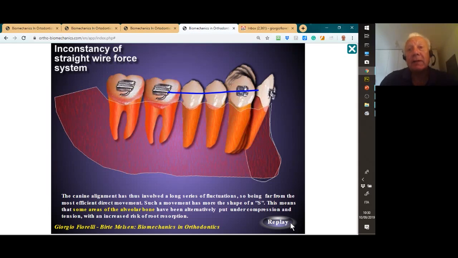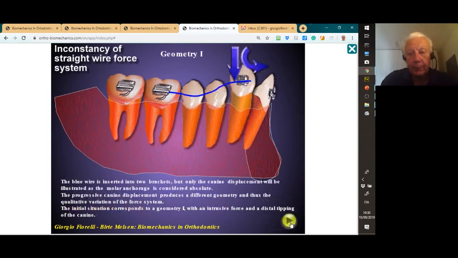It's very understandable that if I want to move this tooth in this direction, I would like to move it along a straight line and not with this S-shape path. Is there a solution to this? Of course there is. And just imagine that you use the same wire, and instead of engaging it, you ligate it outside.